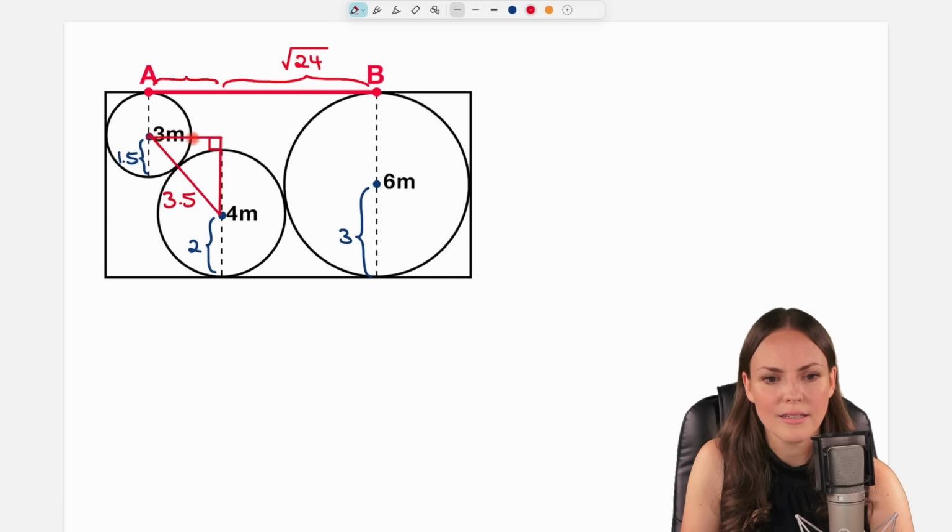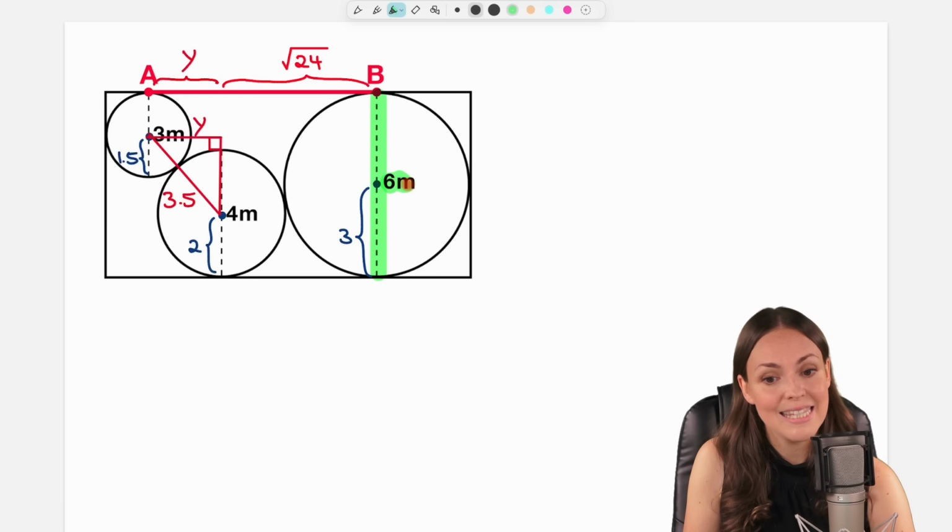We don't know the length of this part. I call it y, so this will be my y. And what about the length of this part here? Well, we know the length of this entire part, which is of length 6. And we know the length of this part down here, which is 2. And what about the length of this part here?